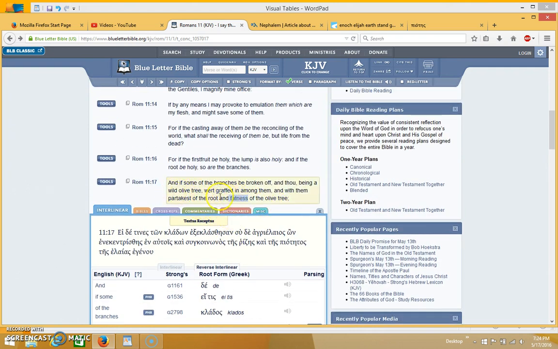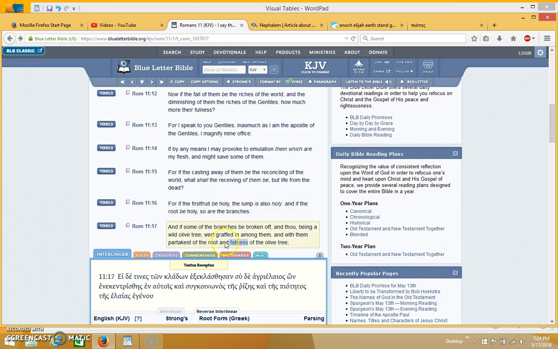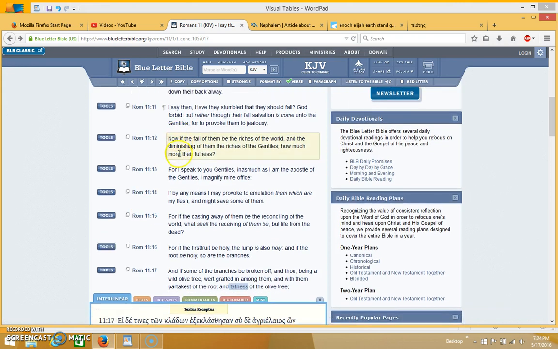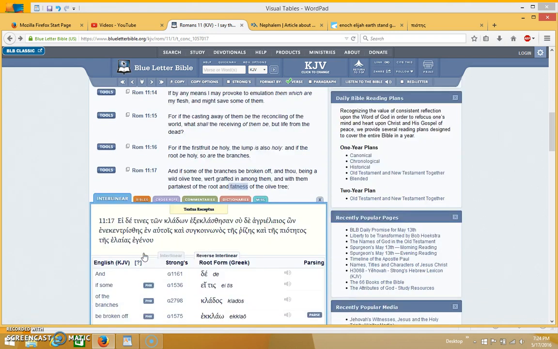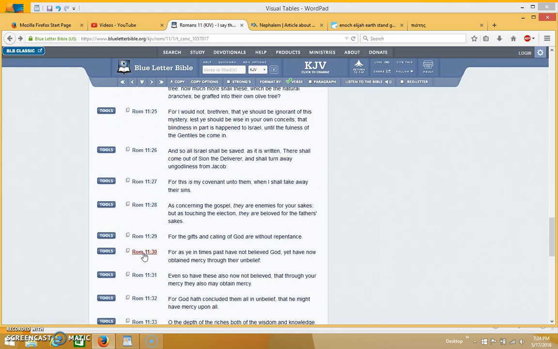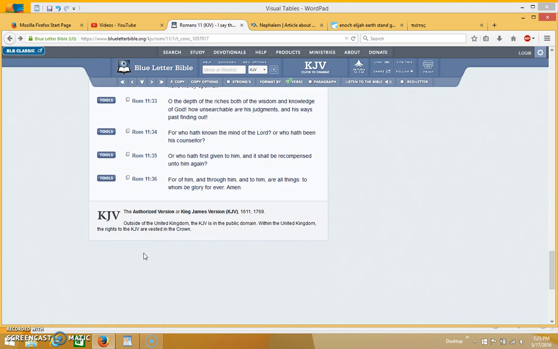So this is a future event. This actually occurs once the outpouring of the Holy Spirit takes place, because you see in Romans 11 it talks about all Israel being saved, and I believe when it's talking about all Israel being saved, that is talking about both the Jews and the Gentiles.